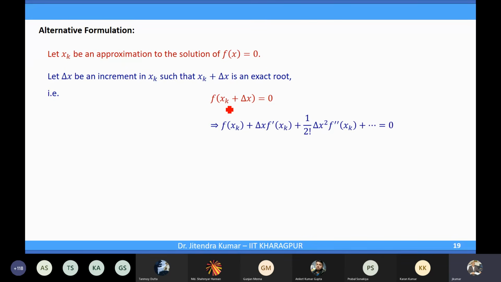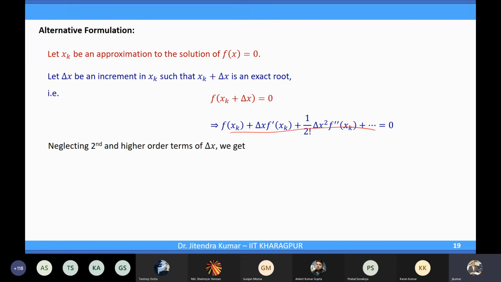Now you take the Taylor approximation. Once you expand this using Taylor approximation, you will get f(x_k) plus delta x f prime(x_k) plus 1/2 delta x squared f double prime(x_k) and so on, set equal to 0.